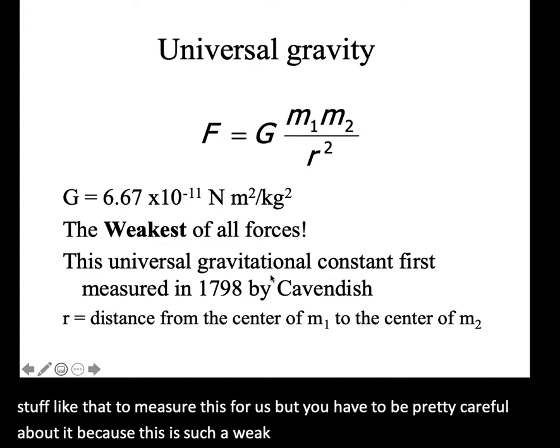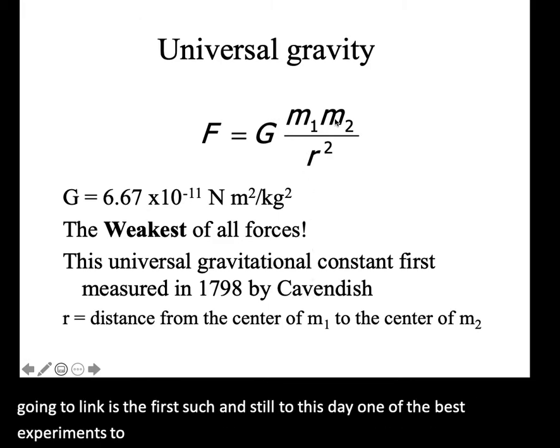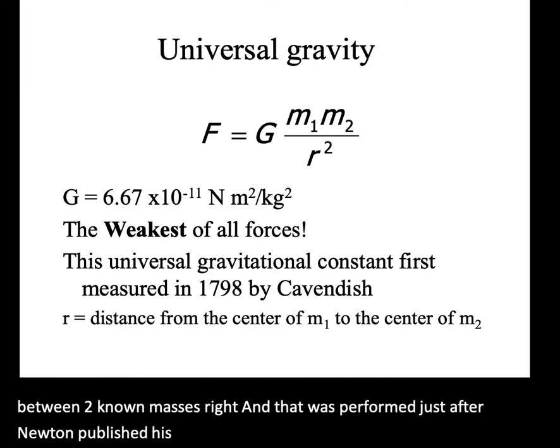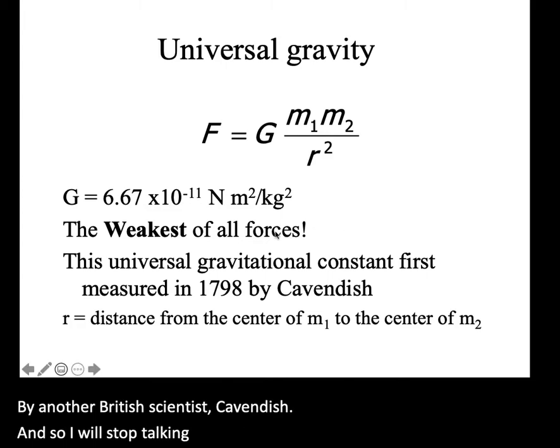And one of the videos I'm going to link is the first such, and still to this day one of the best experiments to measure this universal constant in a laboratory setting between two known masses, right? And that was performed just after Newton published his work by another British scientist, Cavendish. And so I'll stop talking about that because the video does a really good job of explaining it.